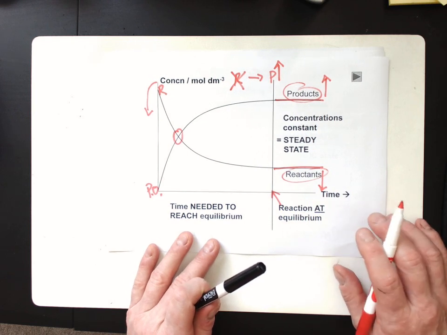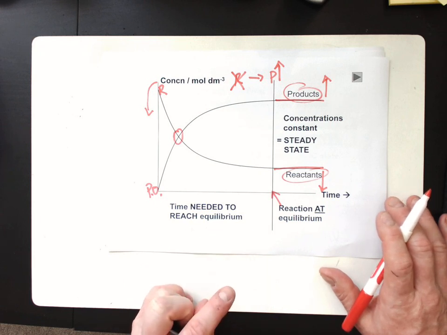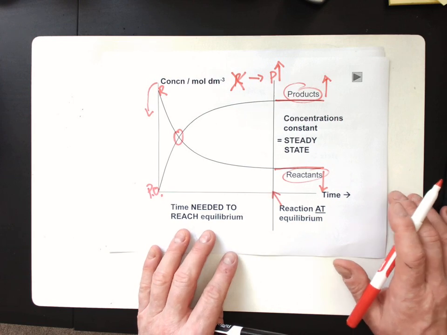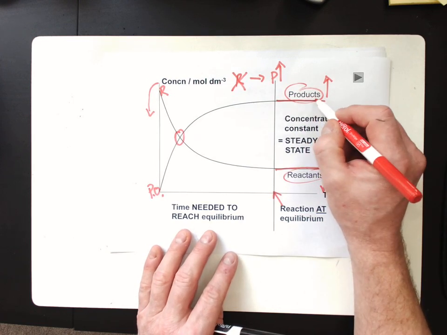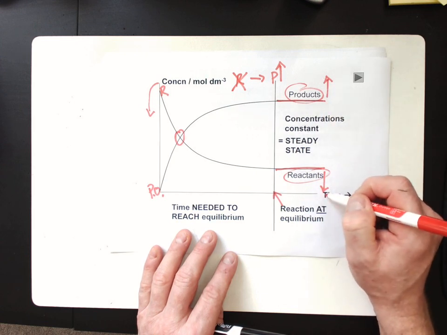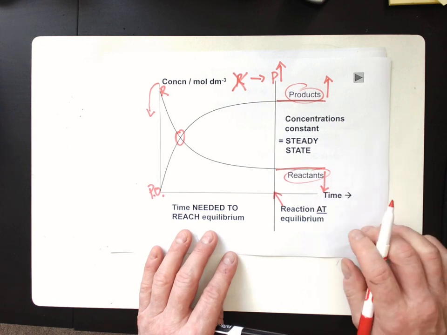And this is the whole point of studying equilibrium. You will study how we change the conditions under which chemical reactions take place in order to push this line up, so make as much product as possible, and push this line down in order therefore to have as little reactant left over as is possible.